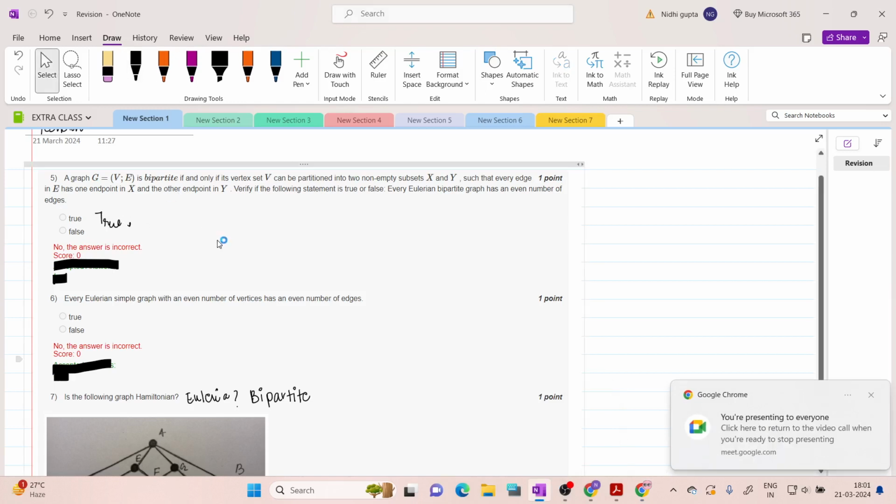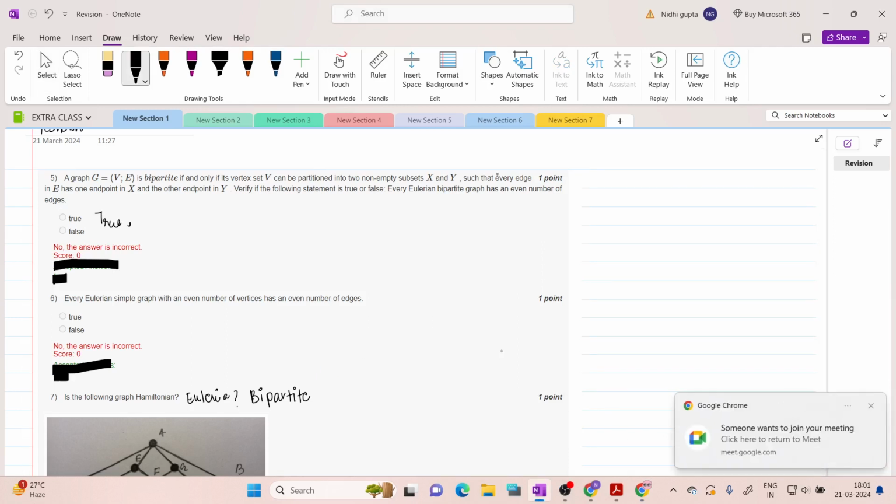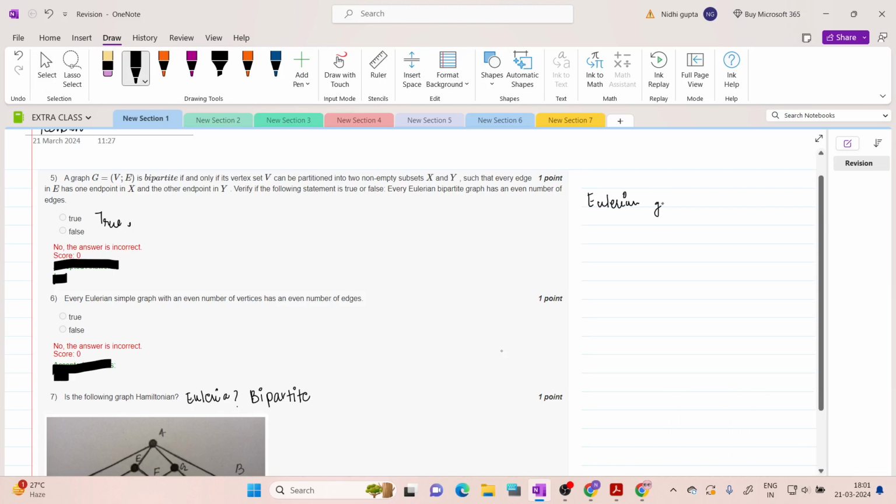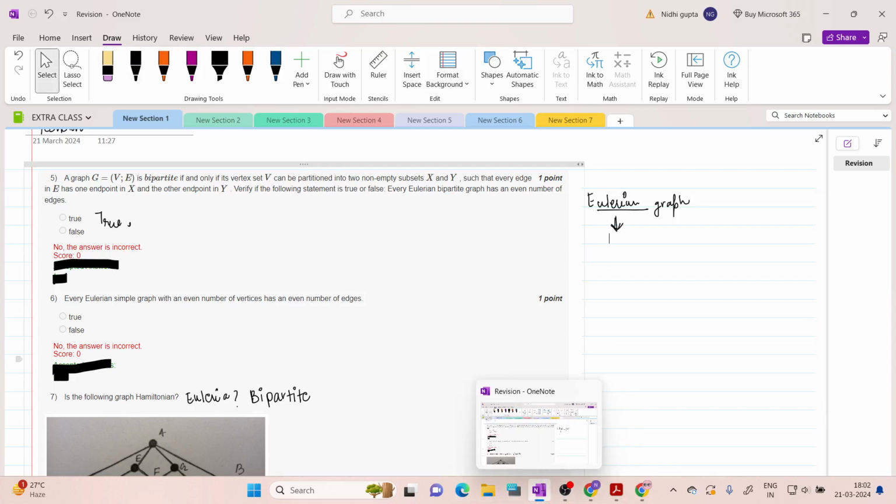But why? First of all, what is an Eulerian graph? An Eulerian graph is one where we should be able to find a closed trail covering all the edges. Is there any necessary and sufficient condition for a graph to be Eulerian?